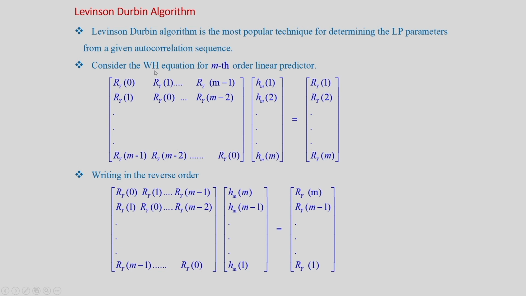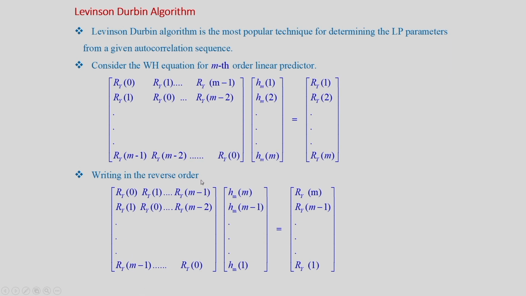Consider the Wiener-Hopf equations for the mth order linear prediction. Here, this is the autocorrelation matrix R_y, and this is the prediction coefficient vector h_m1, h_m2 up to h_mm, and the right hand side is the autocorrelation vector given by r_y1 up to r_ym.